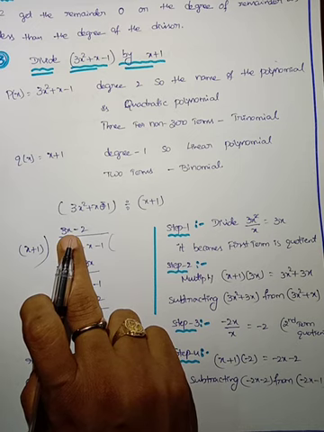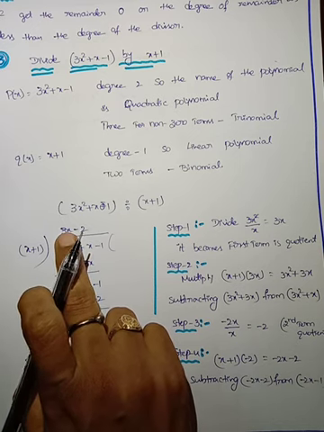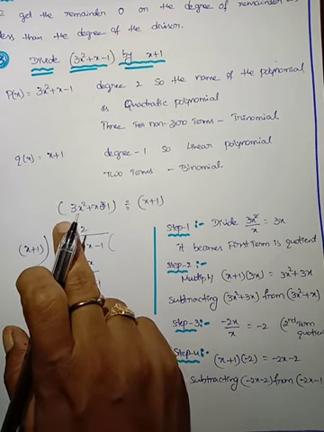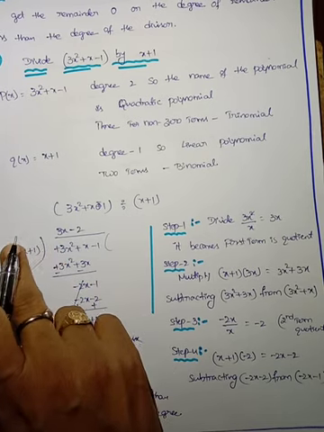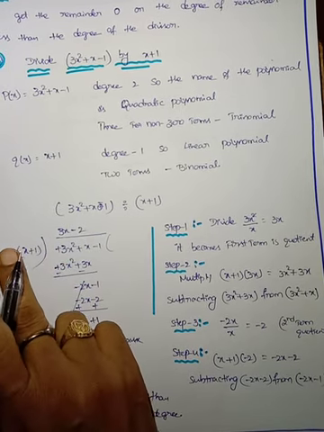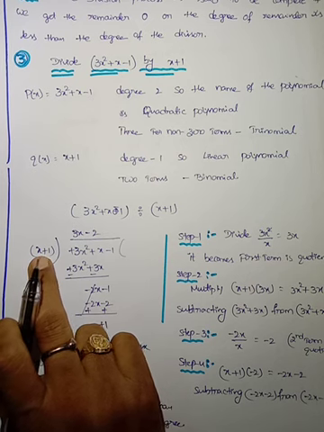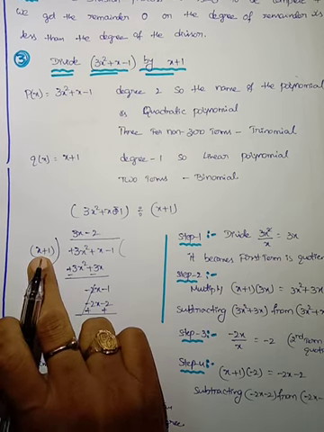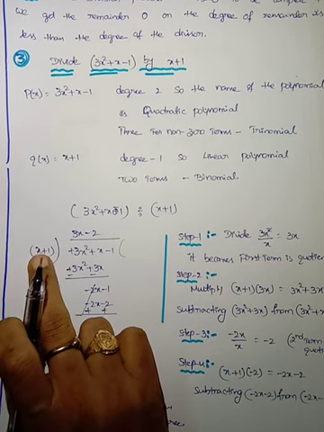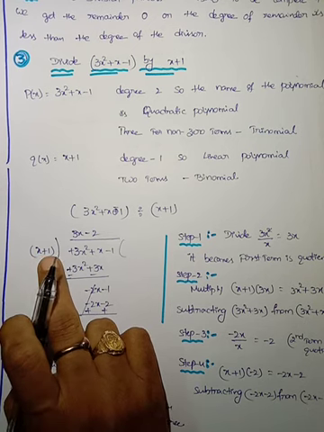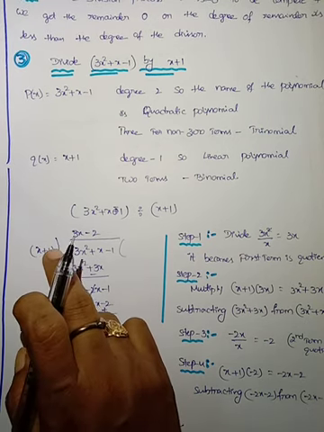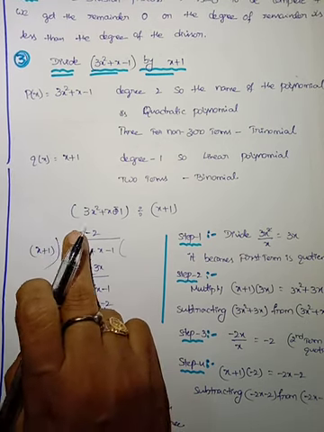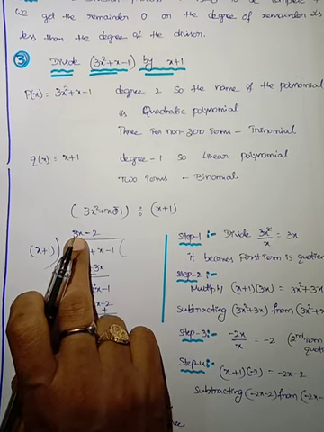Now you multiply this first term of the quotient with the divisor. Before, the divisor was only a monomial, only one term. Here there are two terms. You multiply these two terms with the first term of the quotient.